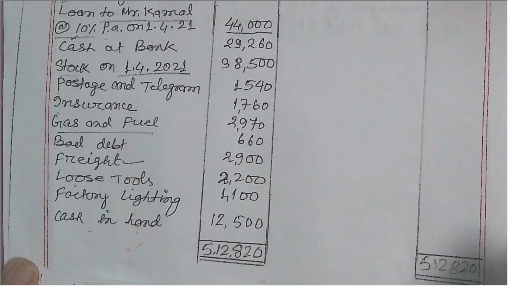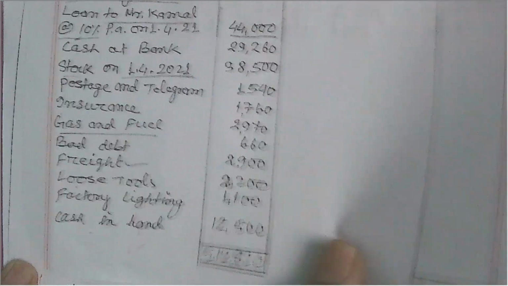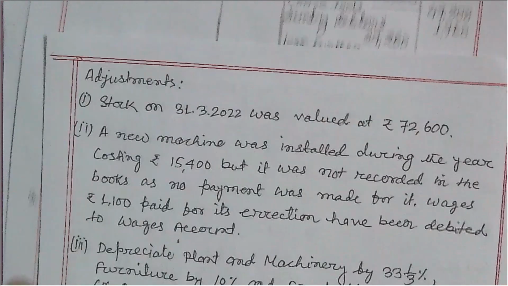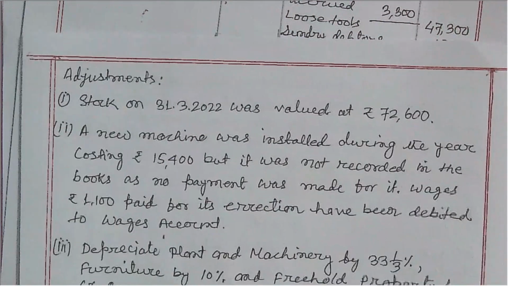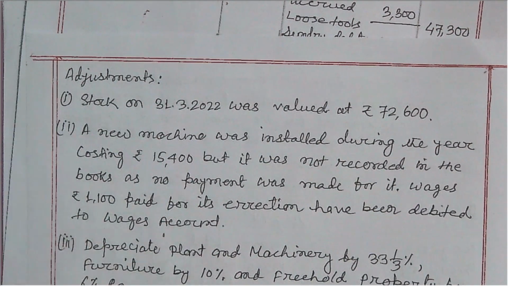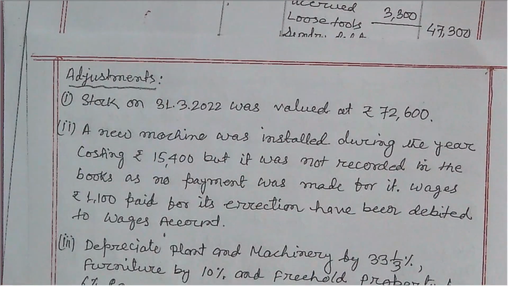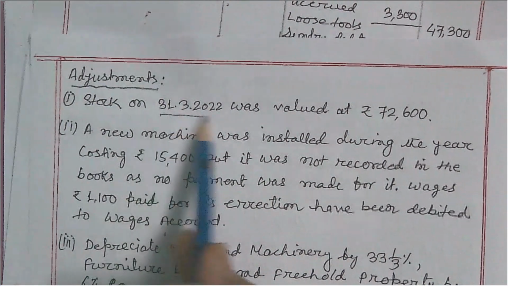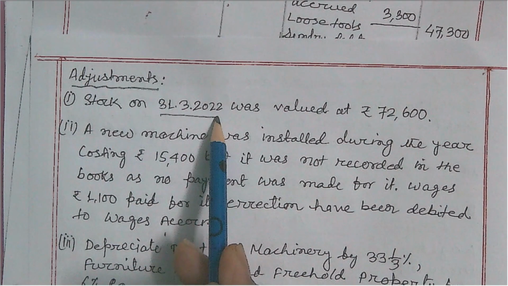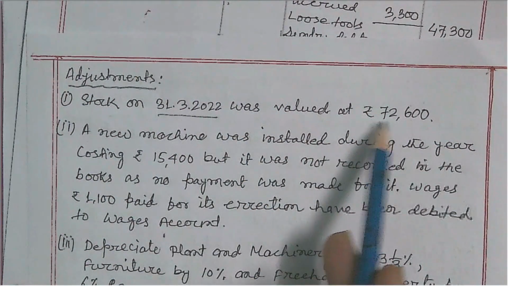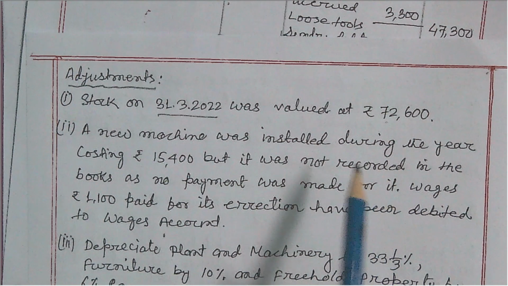And besides these, you have some adjustments also. These are the necessary adjustments given in the question. The stock on 31st March 2022, that is the closing stock, was valued at 72,600.